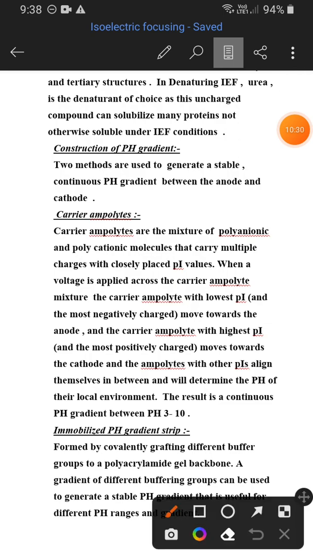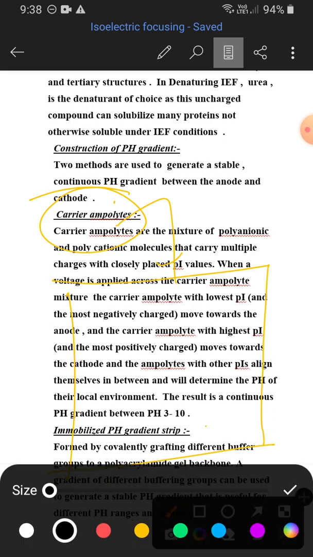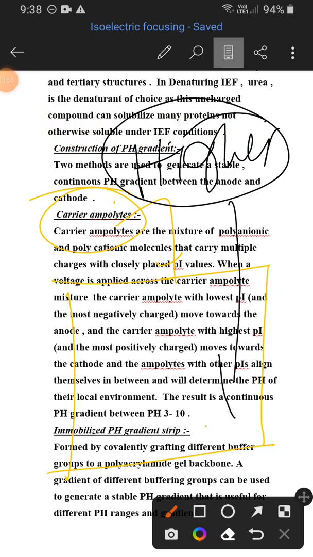In case of carrier ampholytes, these are nothing but polycationic and polyanionic molecules. We will simply add the carrier ampholyte mixture in the polyacrylamide backbone, and when we apply voltage, the carrier ampholyte with higher pi value will migrate towards the cathode, because higher pi value will have high positive charge.